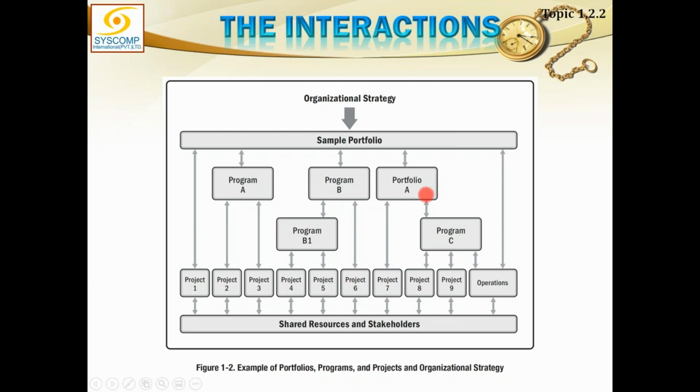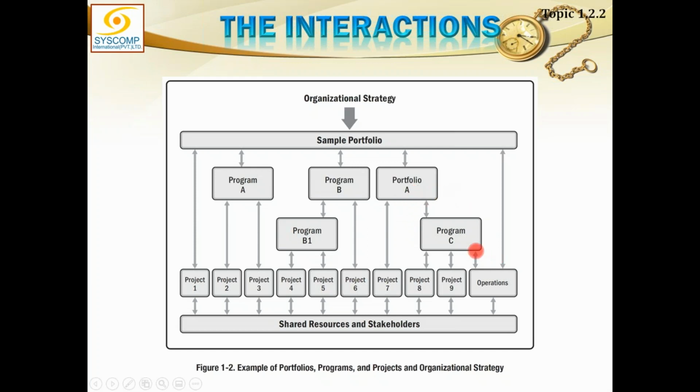Now let's talk about sub-portfolio A. The main portfolio is the sample portfolio level. Sub-portfolio A is having one independent project directly answering to it, just like project 1 was answering to the main portfolio. Similarly, sub-portfolio A is having an independent project 7 directly answering to it.